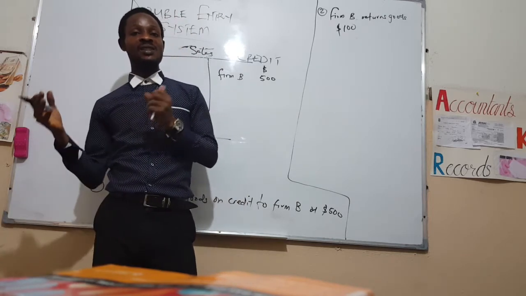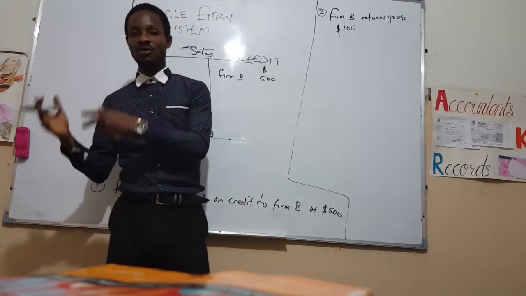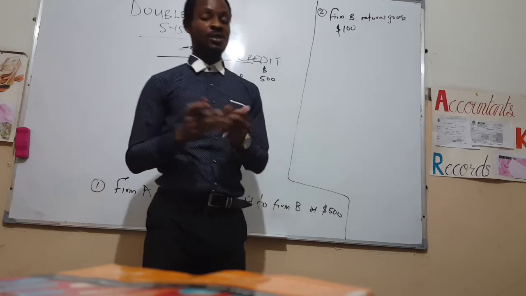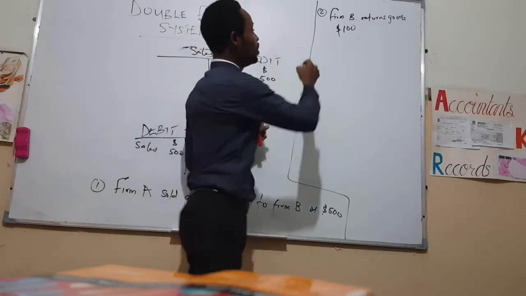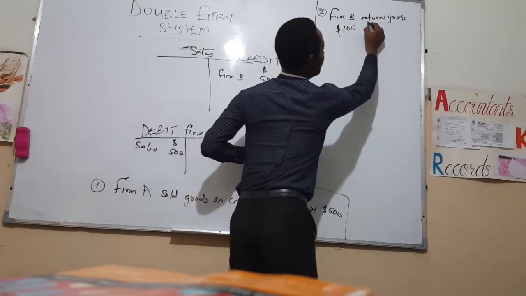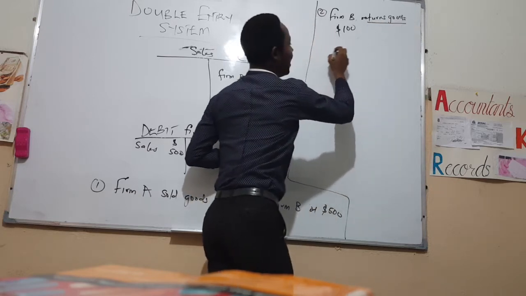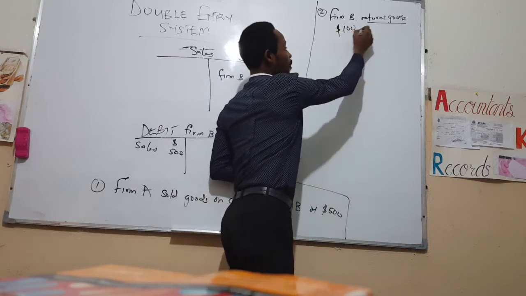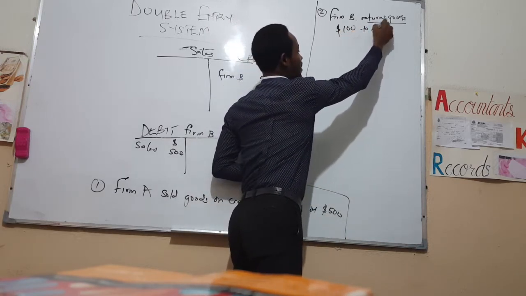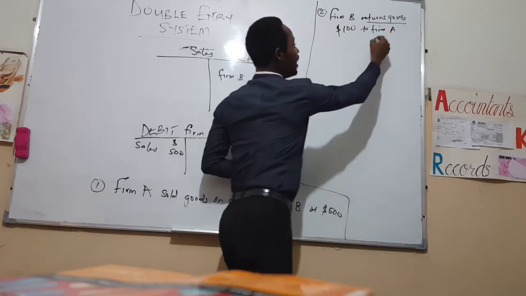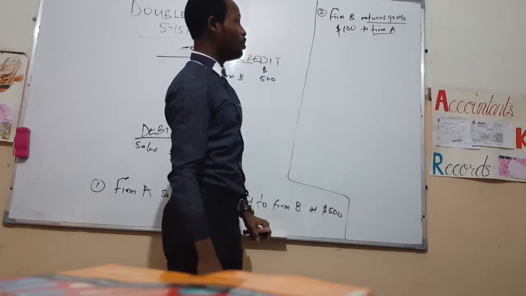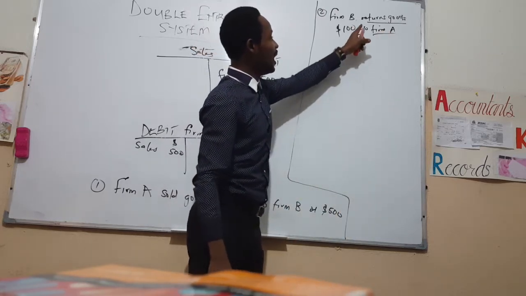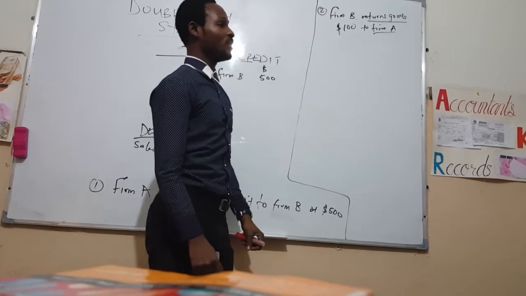The business is receiving returned goods. Hence, the two accounts we will open will be returns account and firm A's account, because firm B returned goods of 100 to firm A. So firm A is to be opened and returns account is to be opened.